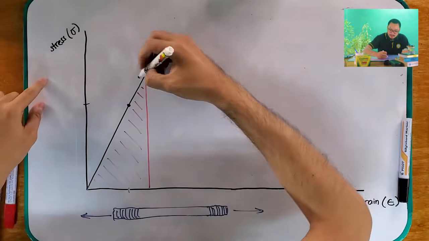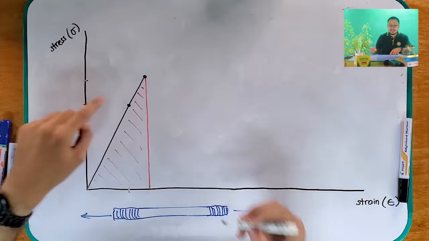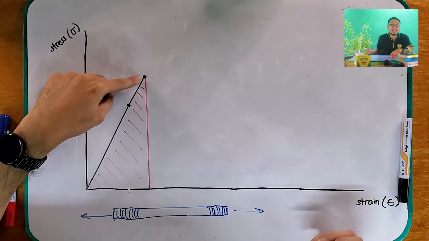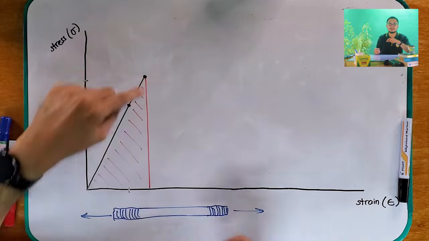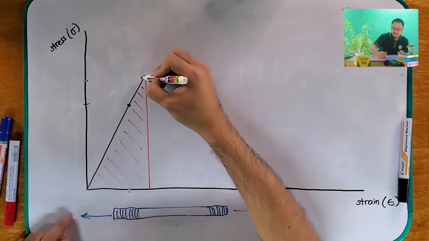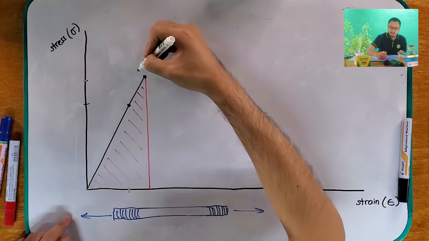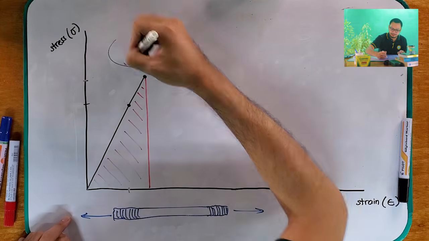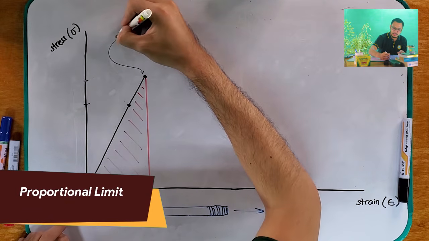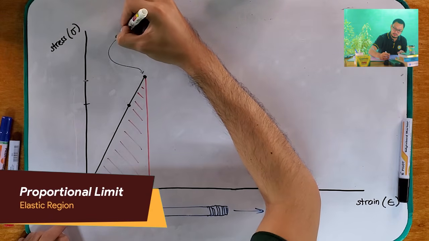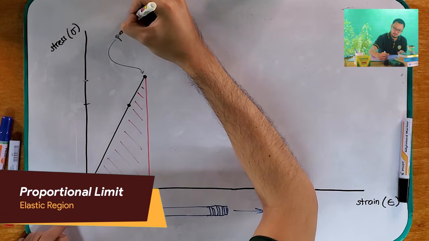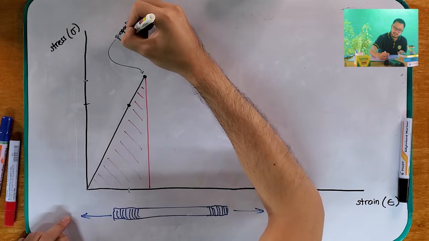If ato ipadayon ang atong pagbira sa atong specimen and mo-reach na siya ani nga point, and actually this point is the end of this proportional line. So ni end na ang imong pagka-straight sa imong line at this point. This is what you call actually your proportional limit.